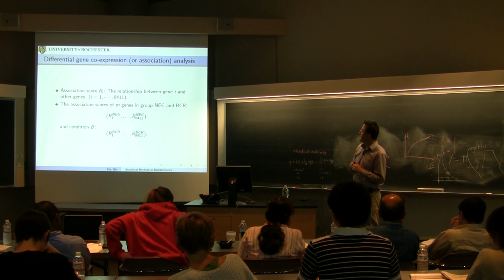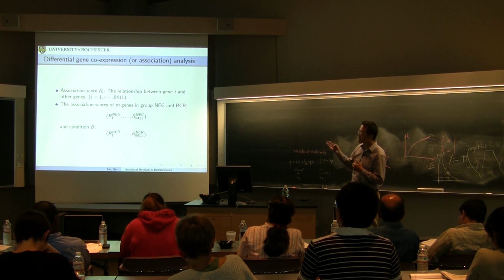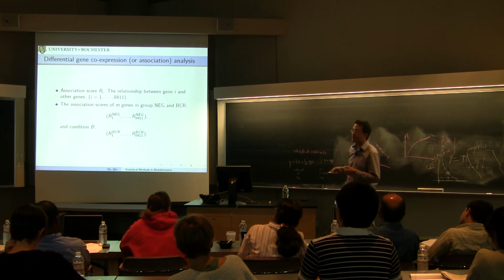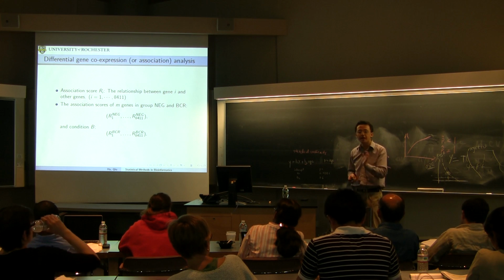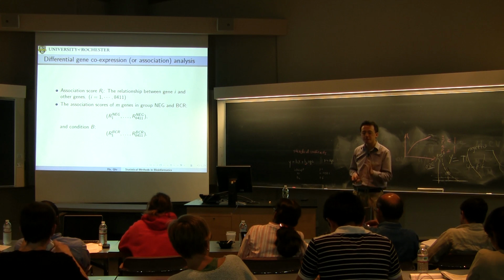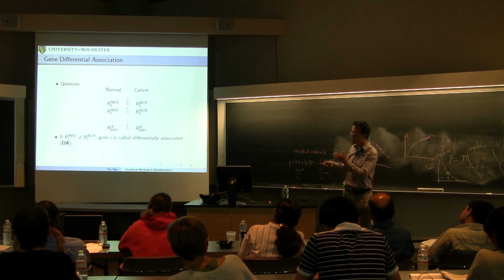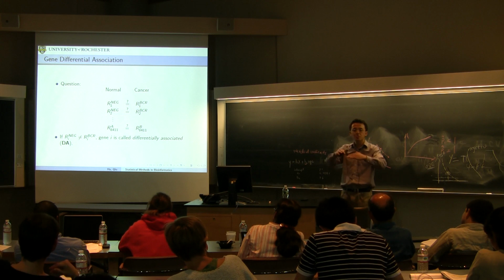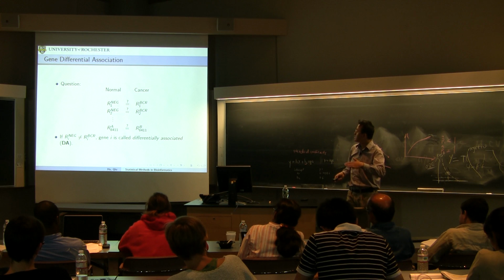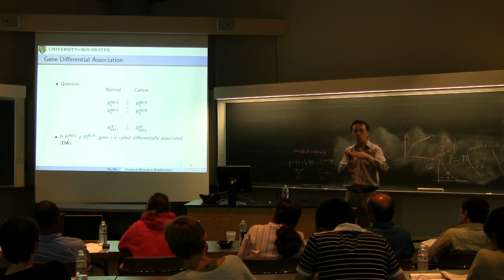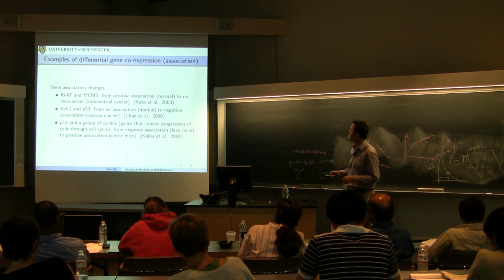So that's why people invented this so-called gene co-expression or association analysis. Just look at whether the gene relationship changes or not, instead of looking at the gene expression itself. So there's still the same question: for each individual gene, you define its relationship with all others. There are different ways to define that, but once you define it, you can check if this particular quantity, this relationship, changes or not across two different conditions.